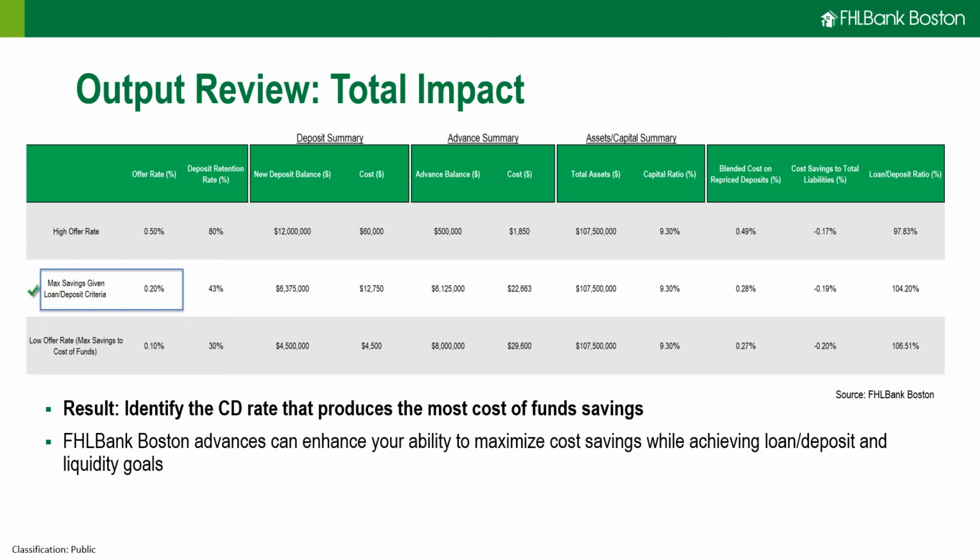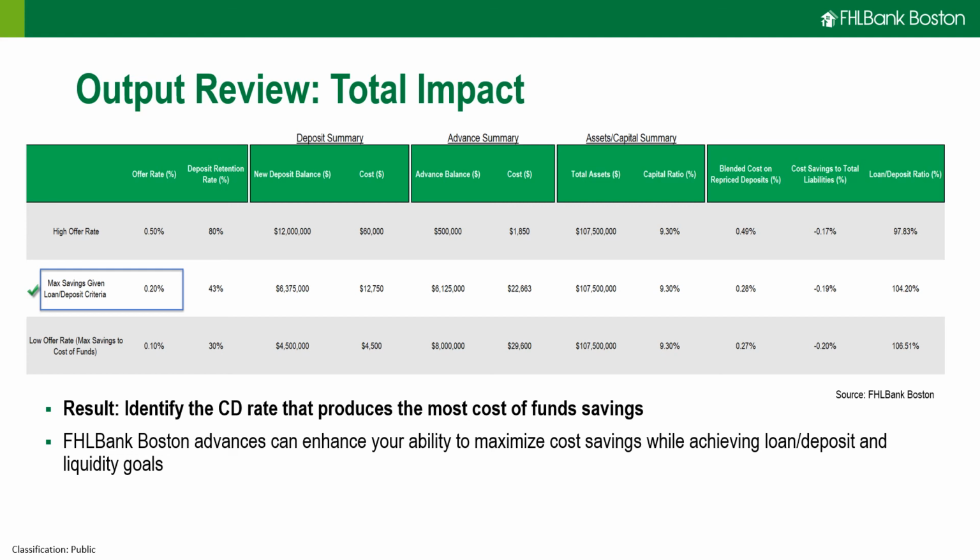Also, if you remember, we stated that there is 2.5 million of excess cash on the balance sheet. Therefore, we only replaced 6.1 million of the excess runoff at a cost of 37 basis points. In total, the deposit balances and advance balances equaled 12.5 million, which is the original 15 million less the 2.5 million of excess cash.